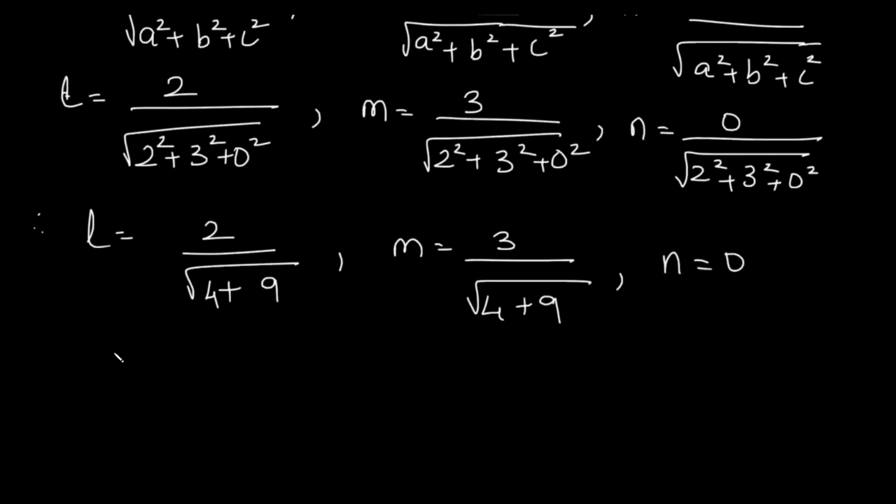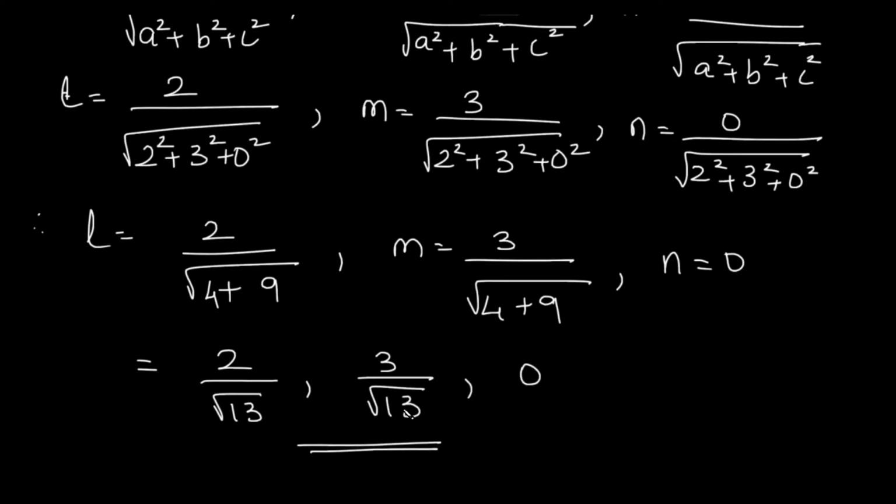And therefore we get 2 upon root 13, 3 upon root 13, and 0 as the direction cosines of the required line.